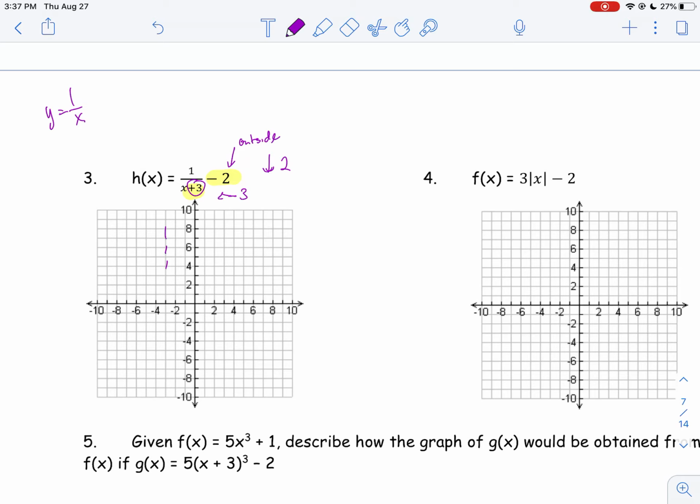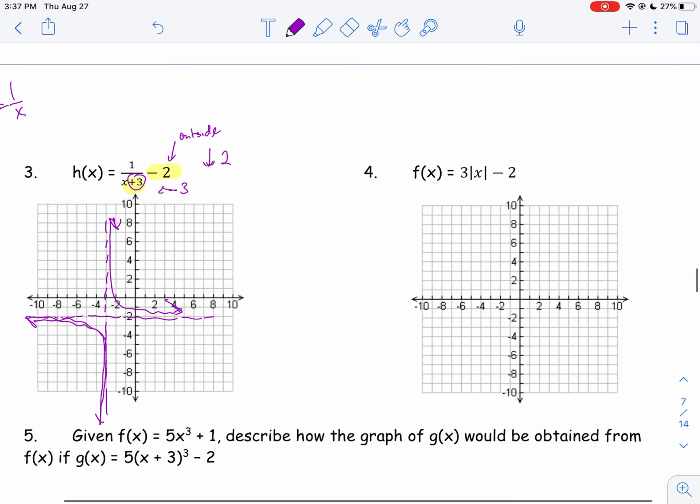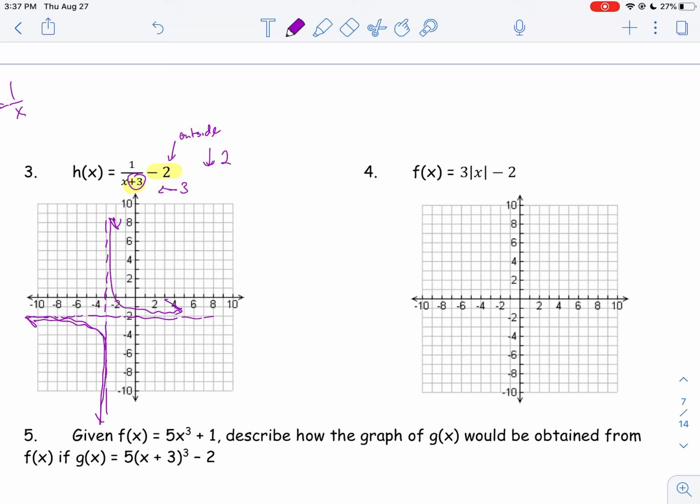So left 3 and down 2. This is my new origin, and then this one I'm okay being a little sloppy, just kind of drawing in these two. Okay. Pretty quick, huh? Quicker than typing it in your calculator, I bet.